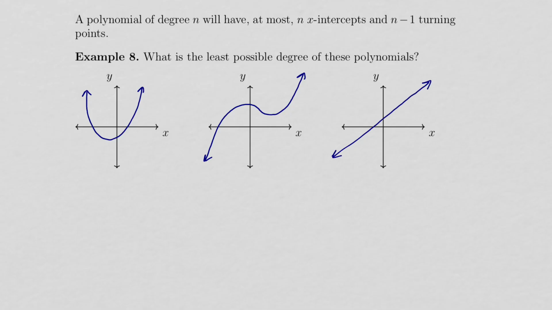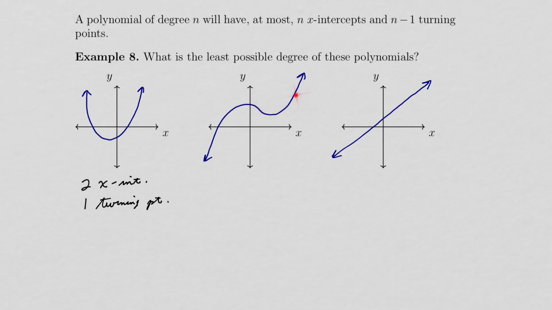So in this first case, I have two x-intercepts and one turning point. Two x-intercepts here and here, and then it just turns once. One turning point.